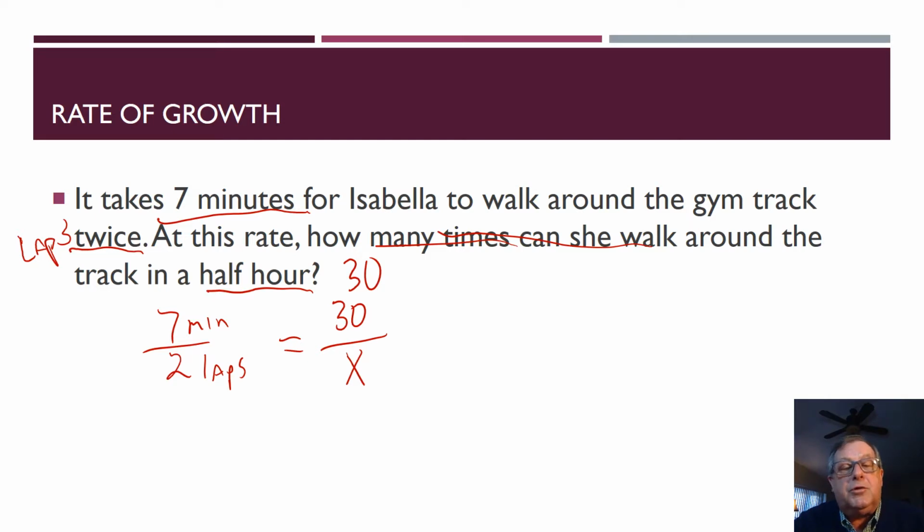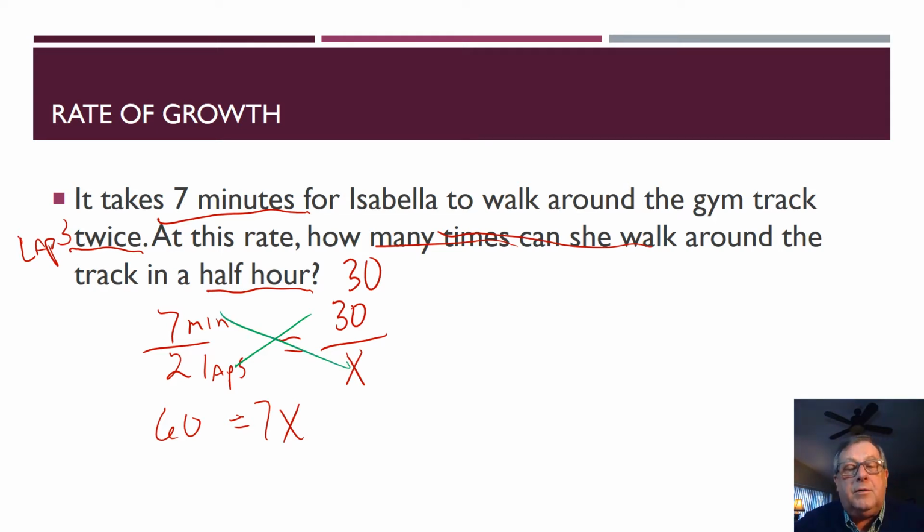And now we're going to use cross products to solve this. So 2 times 30 is 60. And 7 times x is 7x.